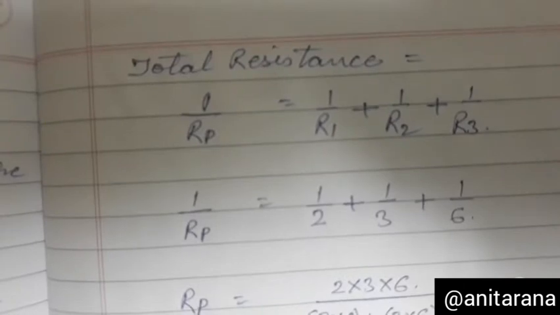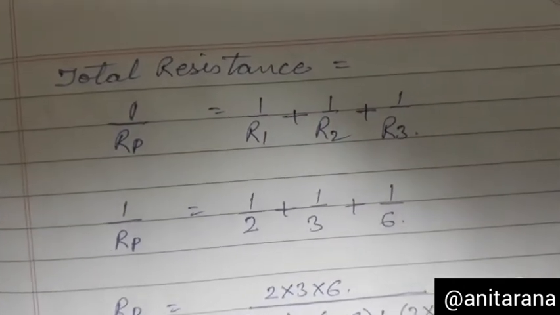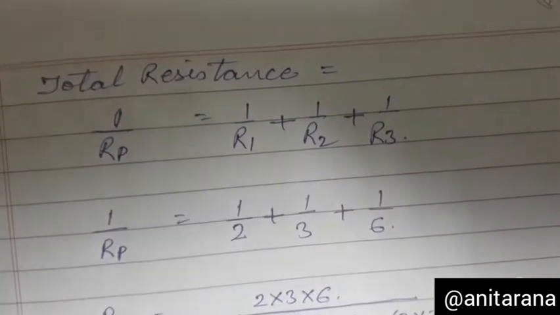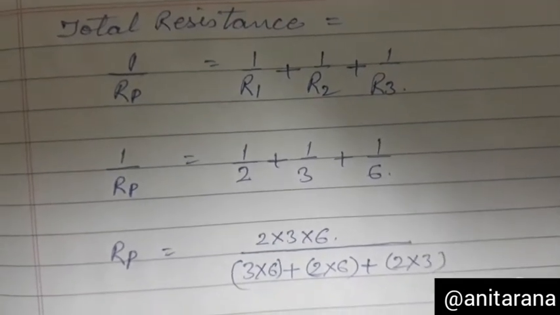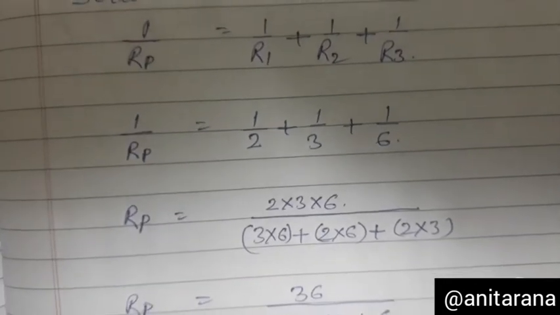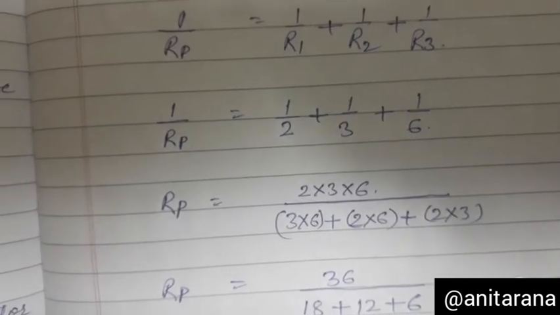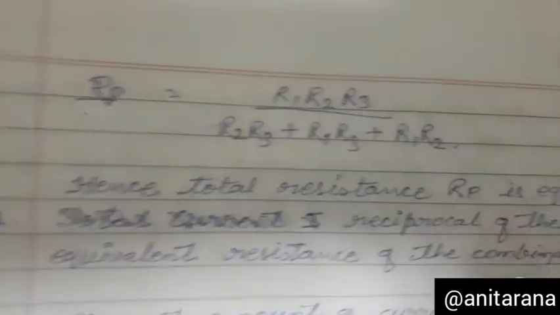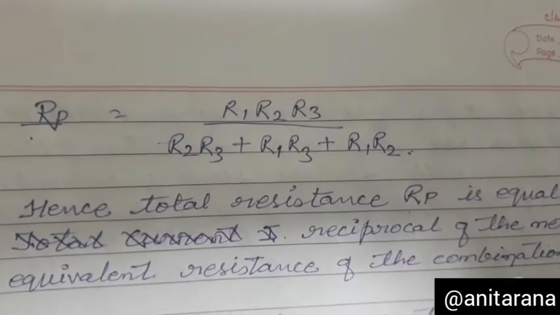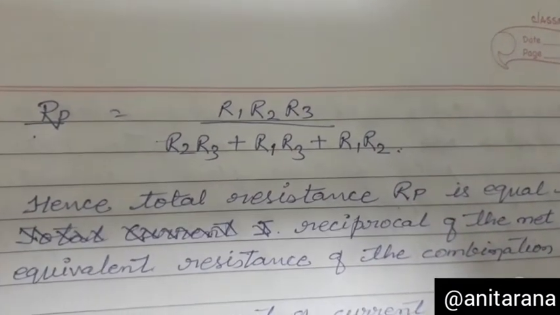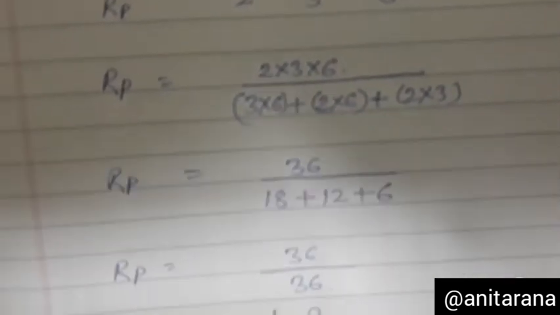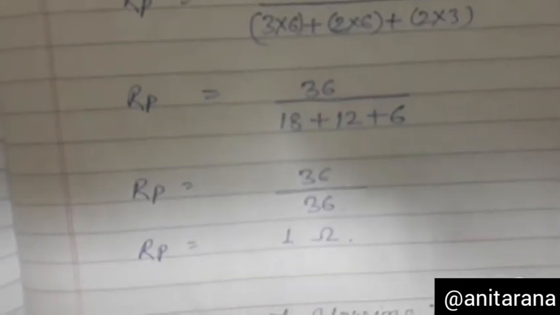Total resistance is the reciprocal of the sum of these. So we substitute the values and we get Rp equal to 2 into 3 into 6 over the sum of the pairwise products. I use this formula, substitute the values, and get 36 upon 36, so Rp is equal to 1 ohm.